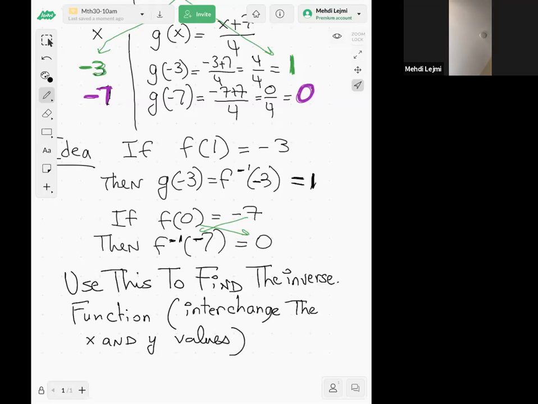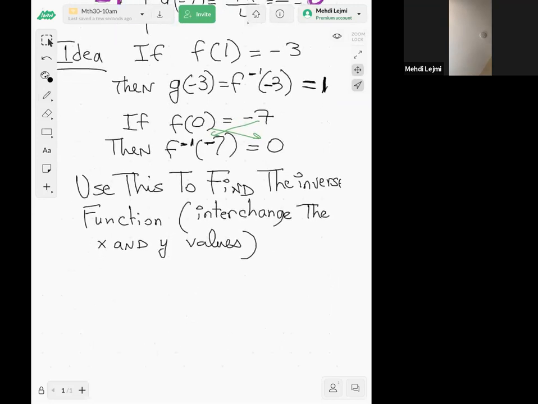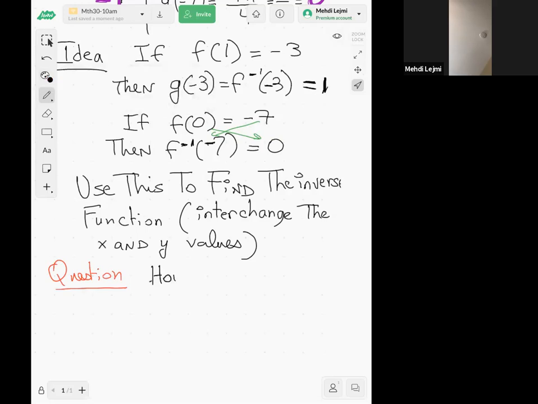So how do we find the inverse using this observation? How do we find the inverse?